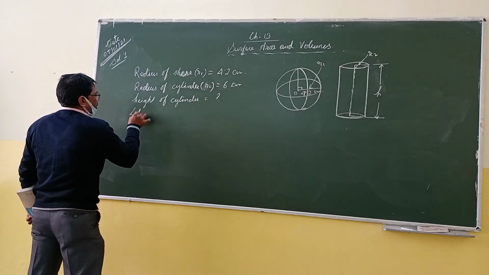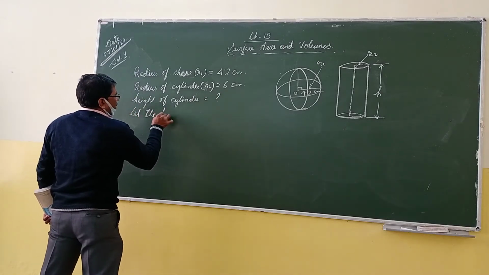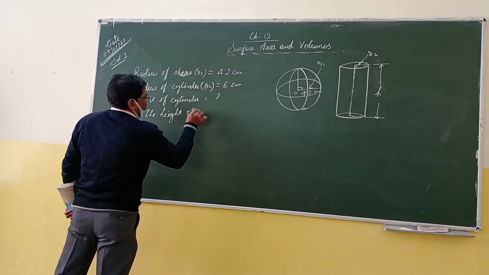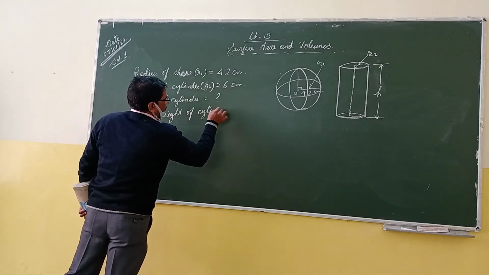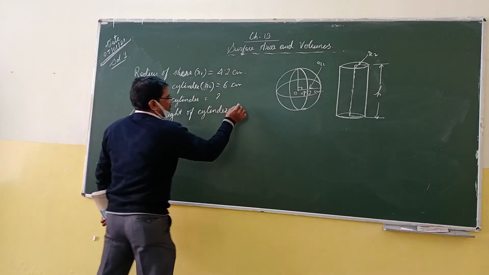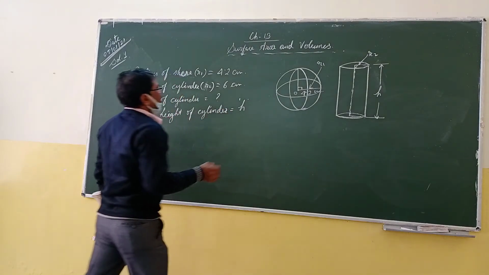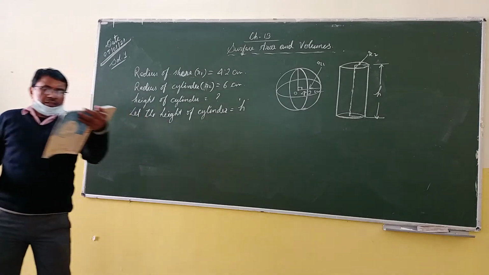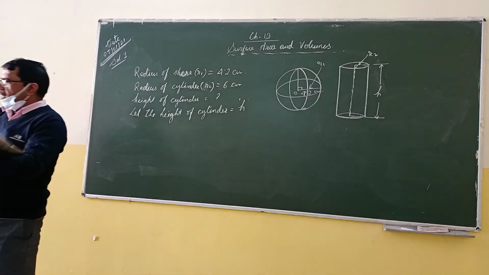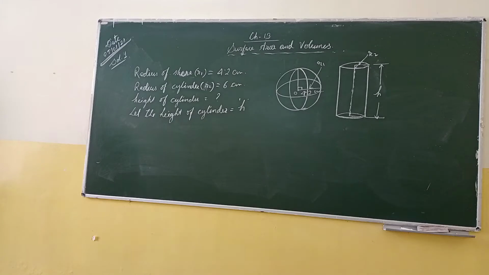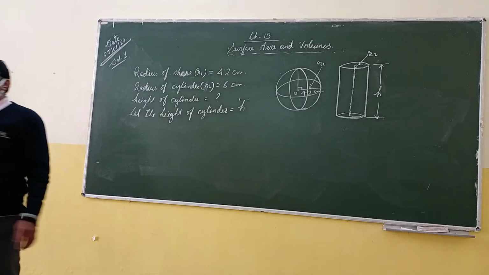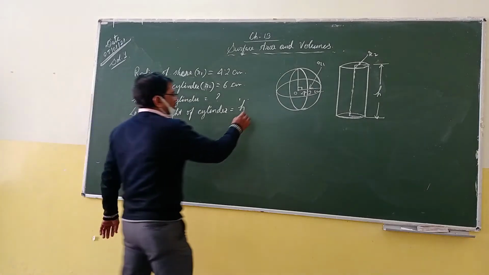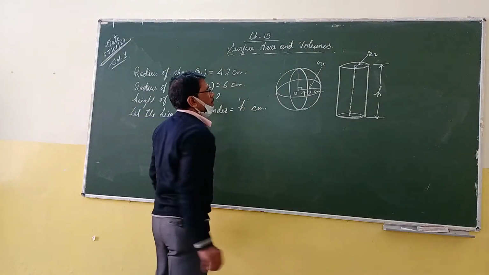Let the height of cylinder is equal to h centimeter, because the radius of sphere given in centimeter unit and radius of cylinder also given in centimeter unit. So now we shall take it centimeter.